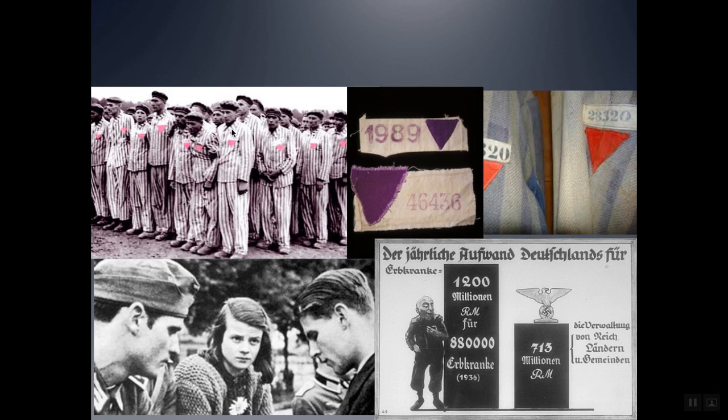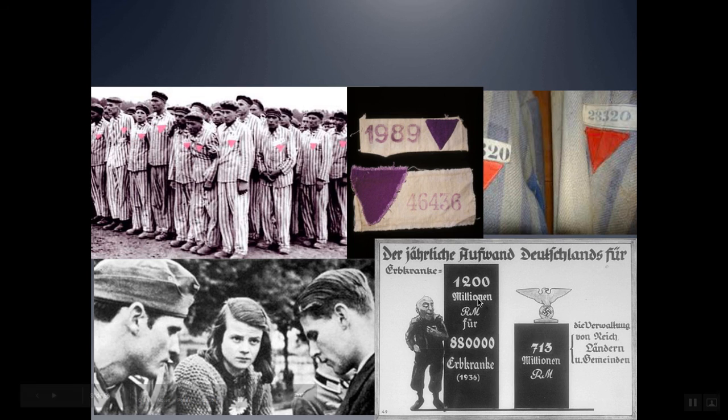Even if they fit into this German Aryan master race, if they were homosexual, Hitler's thought process was that they were not contributing to furthering this master race, and so they should be labeled as such. So all these different types of people that just didn't fit into Hitler's ideal vision were placed in concentration camps.